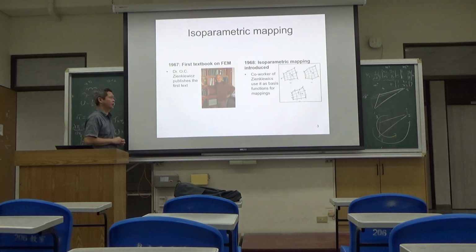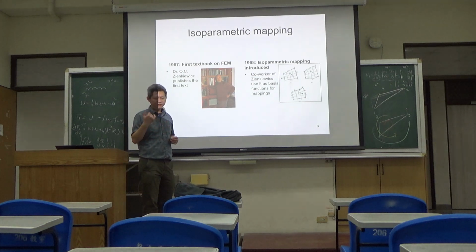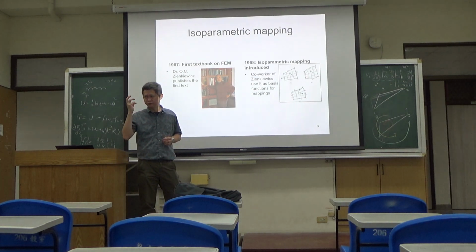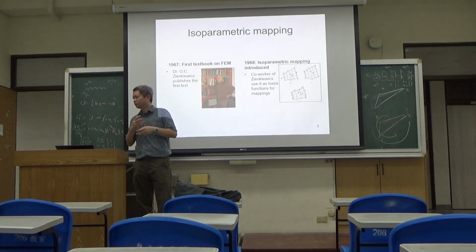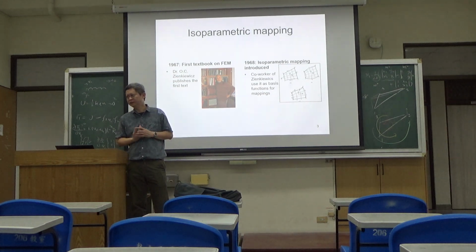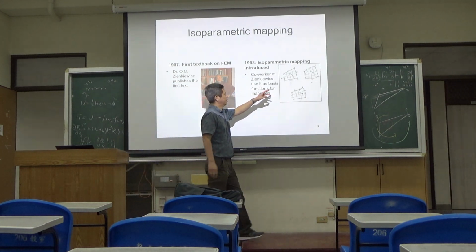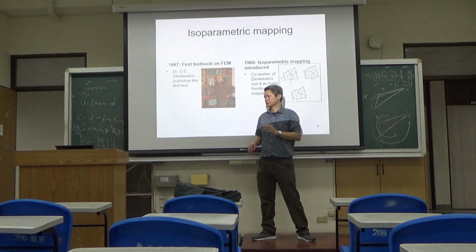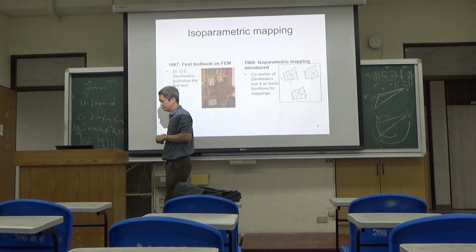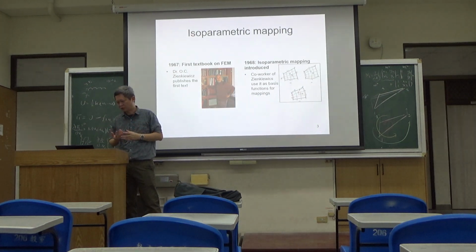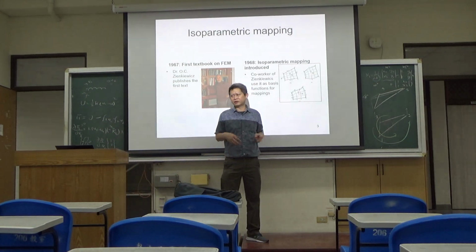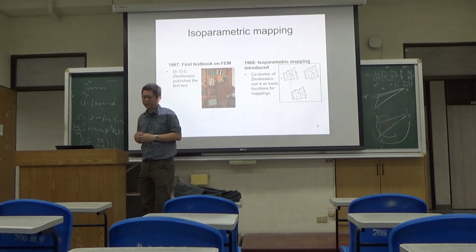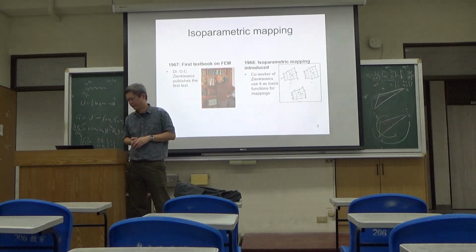Okay? What is meant? Previously we were using absolute coordinates x and y. We were using interpolation for displacement. But now for odd shapes, which are not triangles, which are quadrilateral shapes, you sometimes don't want the coordinate to be expressed in x and y.